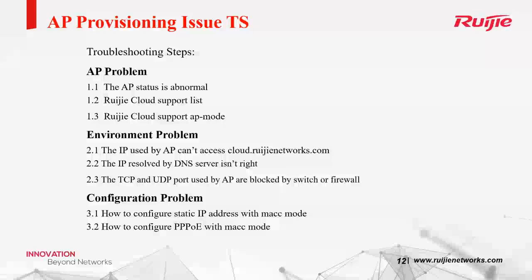Check whether the IP resolved by the DNS server is right, and then check whether the TCP and UDP ports used by the AP are blocked by the switch or firewall. Third, configuration problems. How to configure a static IP address or PPPoE with MACC mount. That's the first part.